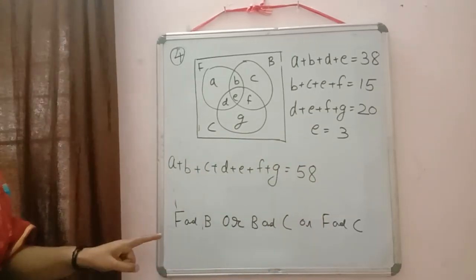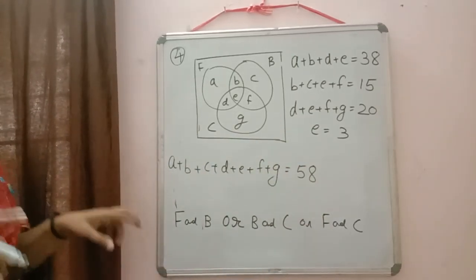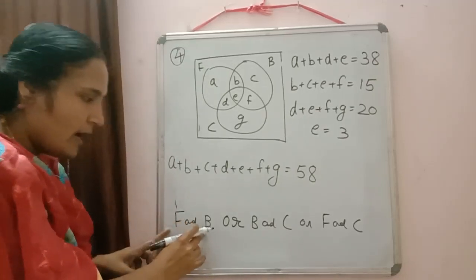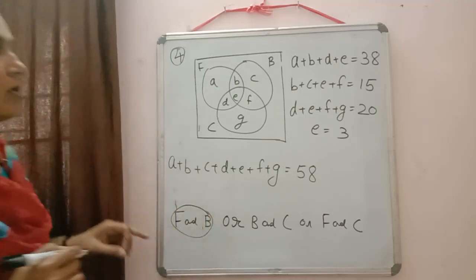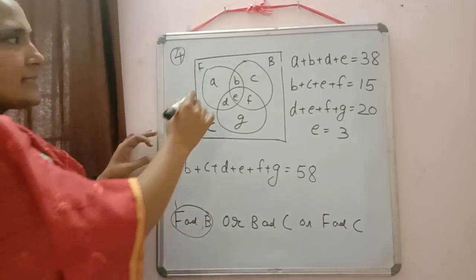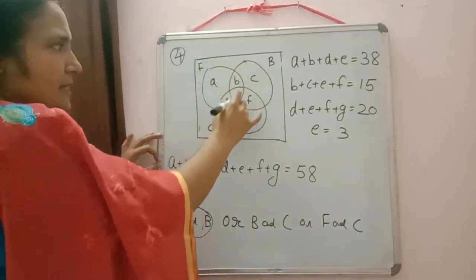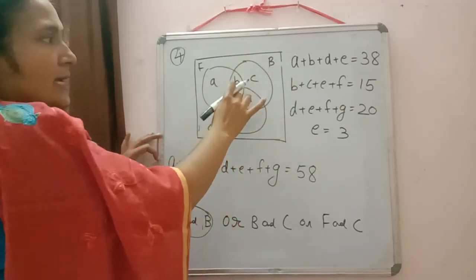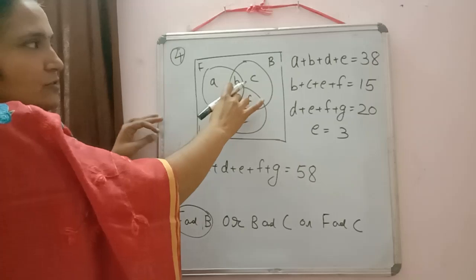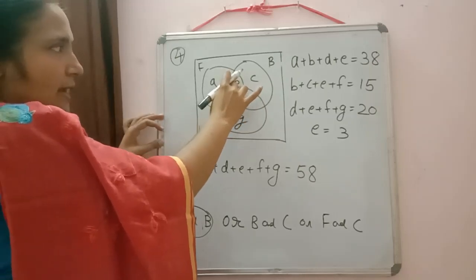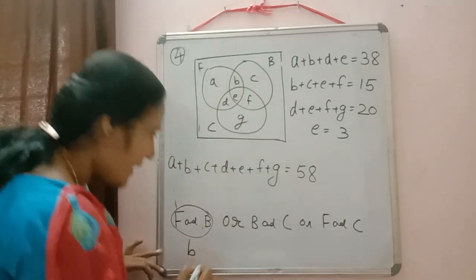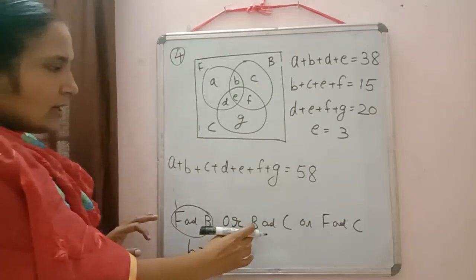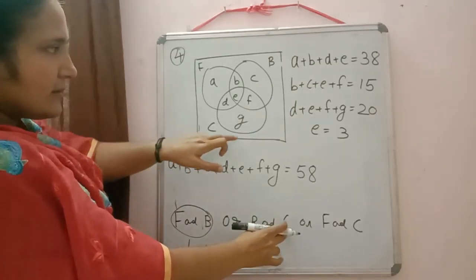Now we will check which region represents only football and basketball. E represents all the 3 sports, so only football and basketball is represented by B. Or, meaning addition, only basketball and cricket.